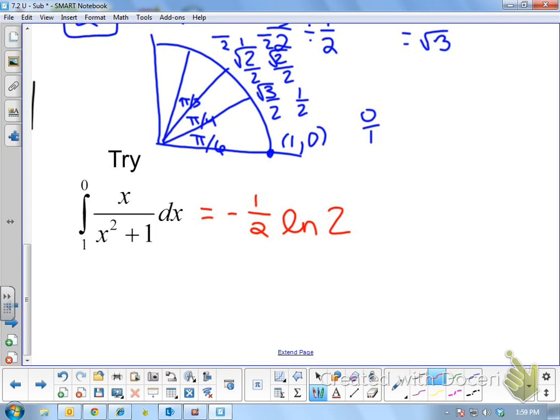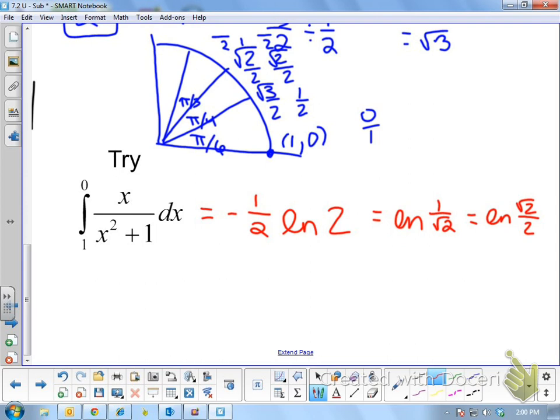And just for kicks, I could write it ln of 1 over square root 2, so ln of square root 2 over 2, just in case they decide some logarithmic rules would be a good way to reduce. Because really this is an exponent above the 2, which can change things.